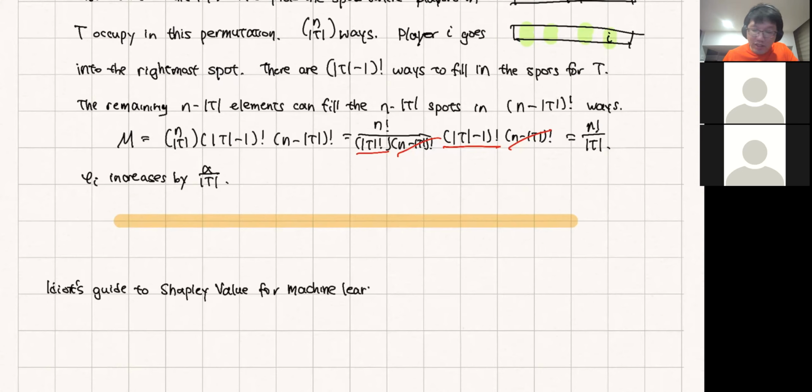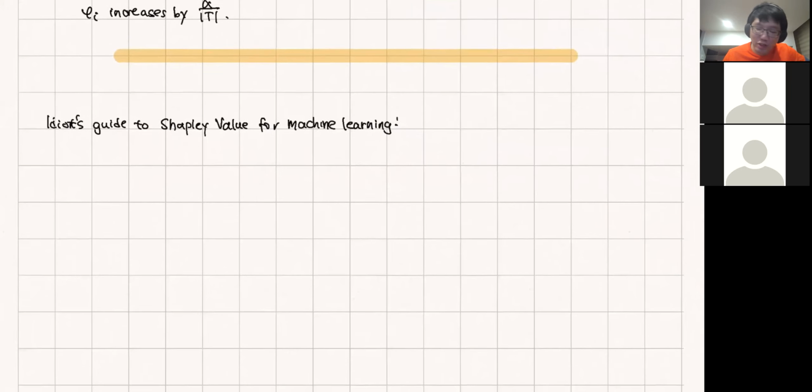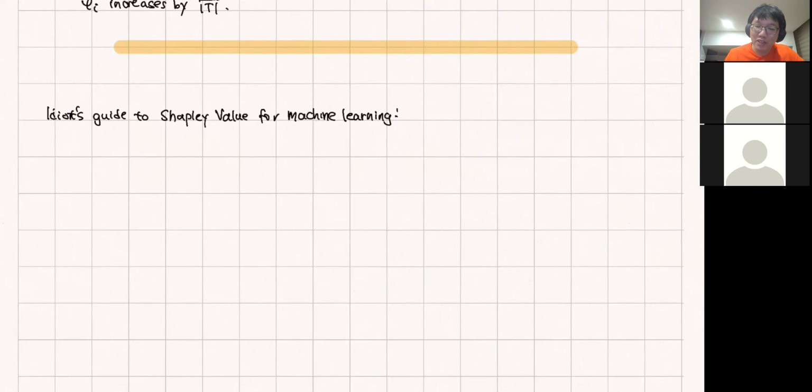And when I say idiot's guide, that means I'm the idiot. I don't know much about machine learning. I just learned it in 1 hour, what Shapley value has to do with machine learning. And I'll just give you a very brief idea of how this is being used in machine learning.